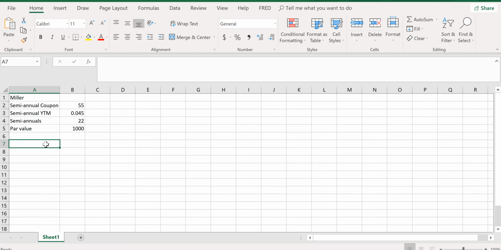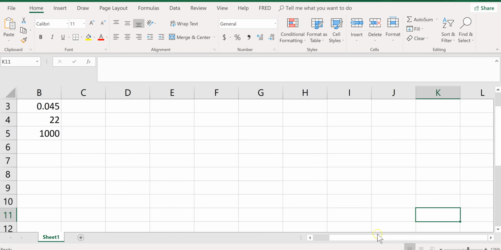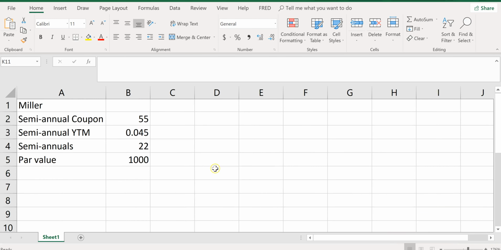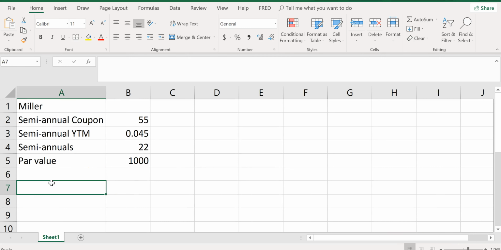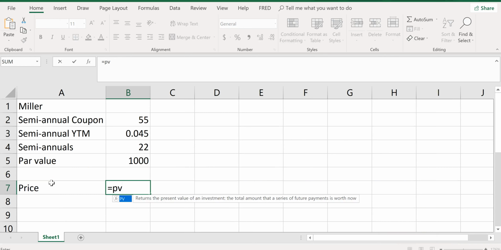So we can use the PV function in Excel. Let me make this bigger. So price equals PV, present value, of rate.